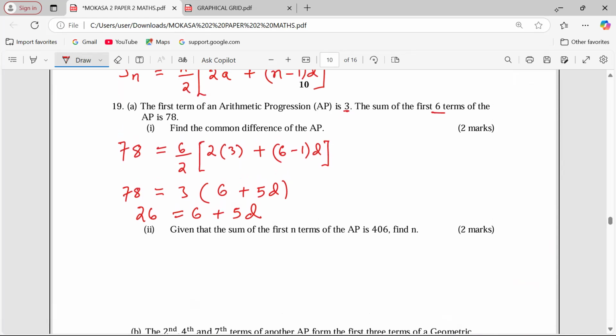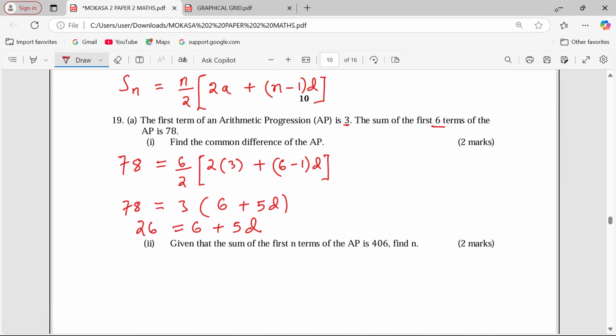Grouping terms, 20 is equal to 5d, so the value of d becomes 4. So the common difference is 4.